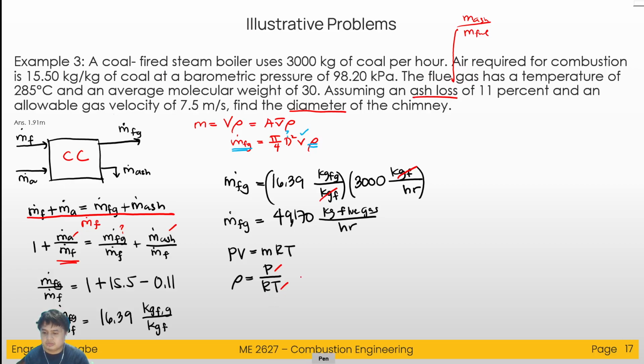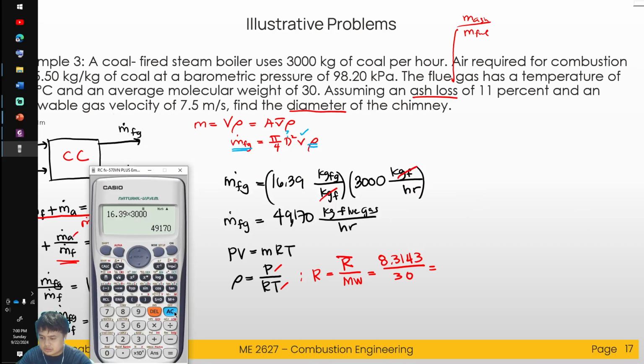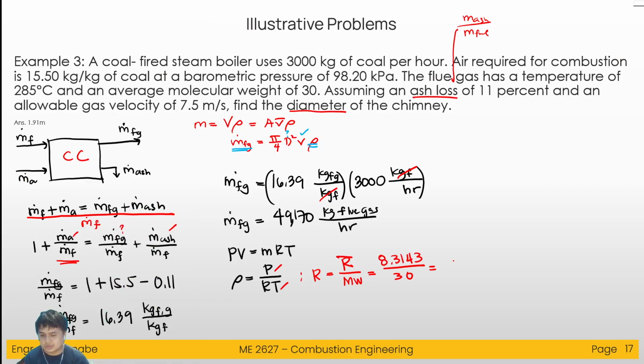The R is not given, but it can be found using the universal gas constant and the molecular weight. So the gas constant 8.3143 over the molecular weight of 30, you can get the R. So the R here is 8.3143 all over 30, so 0.2771, in kilojoule per kilogram Kelvin.